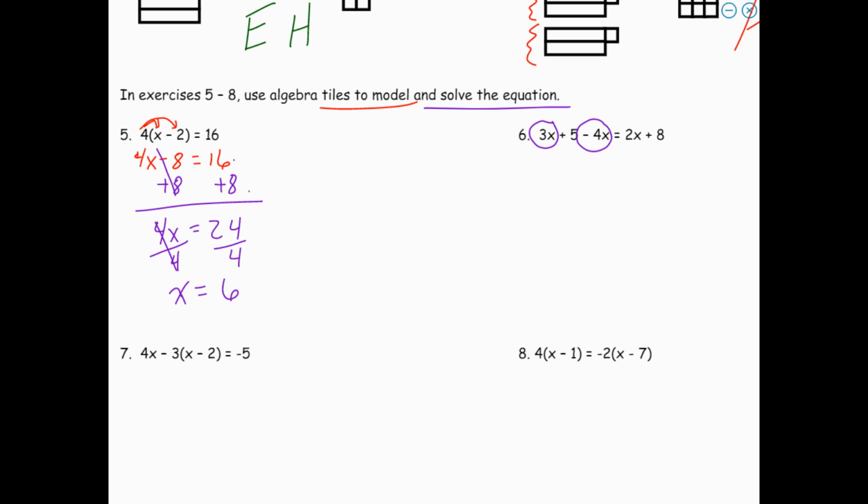Oh, you're going to be left with 1x, and it's actually negative. So a negative 1x plus 5, because it doesn't change that number, equals 2x plus 8.